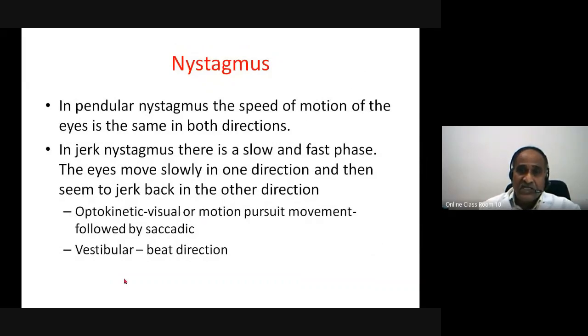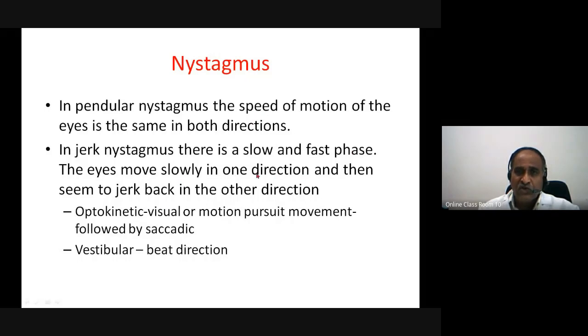In pendular nystagmus, the speed of motion of the eyes is the same in both directions. In jerk nystagmus, there is a slow and a fast pace.